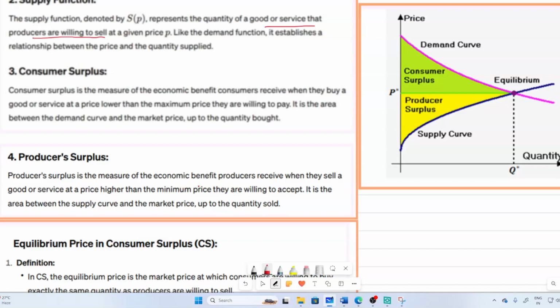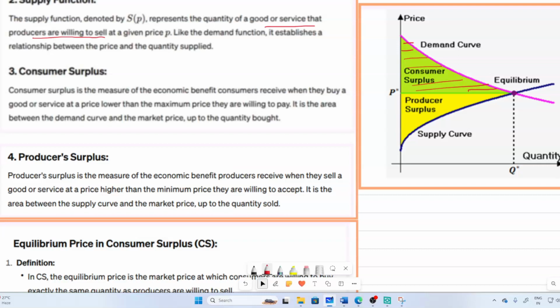Very important. Don't forget. So this is the demand curve. At the equilibrium point, the demand curve makes some area with the price axis, that is consumer surplus. Please don't forget. But for its calculation, we have a different method. Without finding the area with the y-axis, we can find it. That I will tell you.